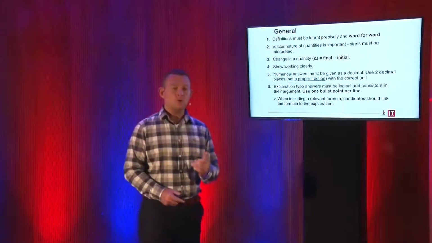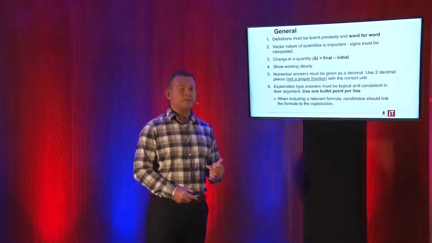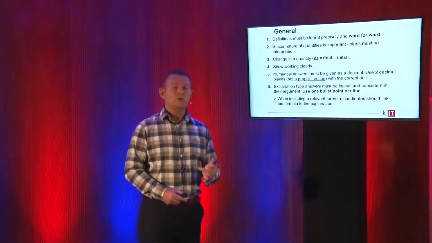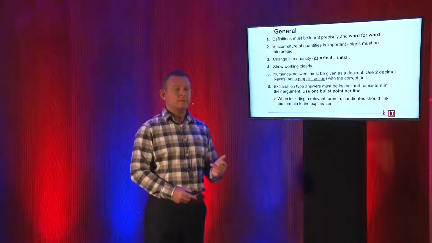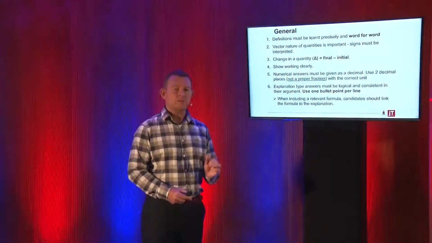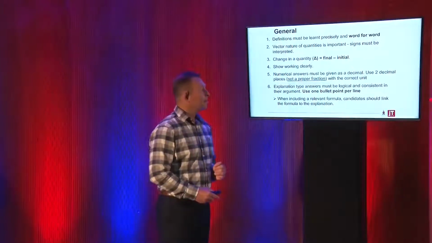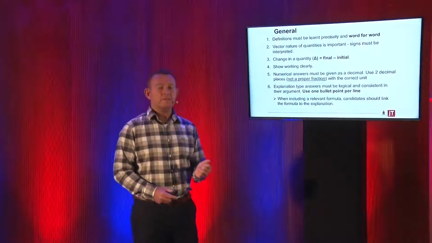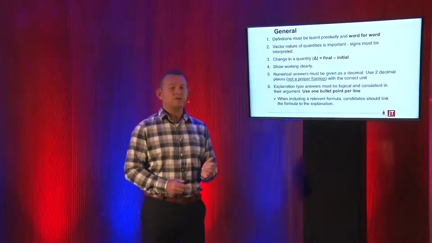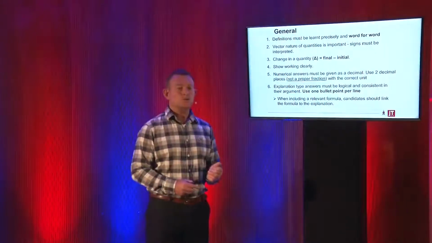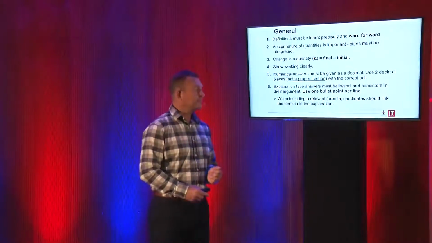Just a reminder to show all your working clearly, work from the equation step by step to a logical answer which should be expressed in a sentence at the end. Just a short sentence, especially if there's a vector nature to your answer. Remember, as I said in the previous video, to avoid proper fractions, quote your answer to 2 decimal places and include the correct unit.